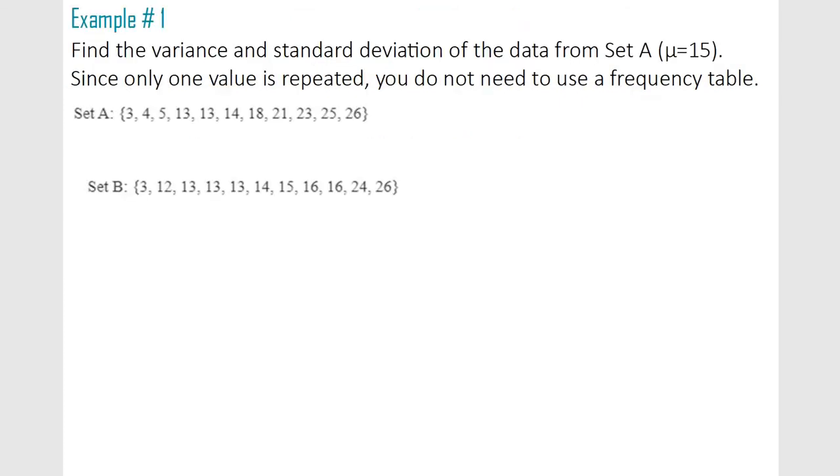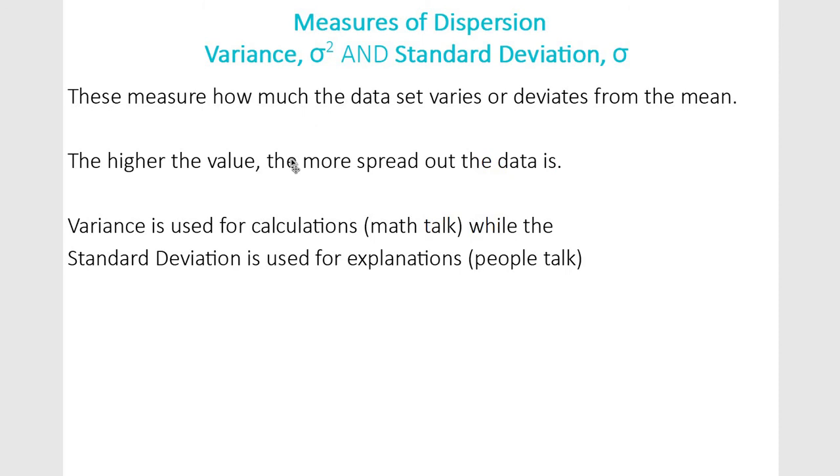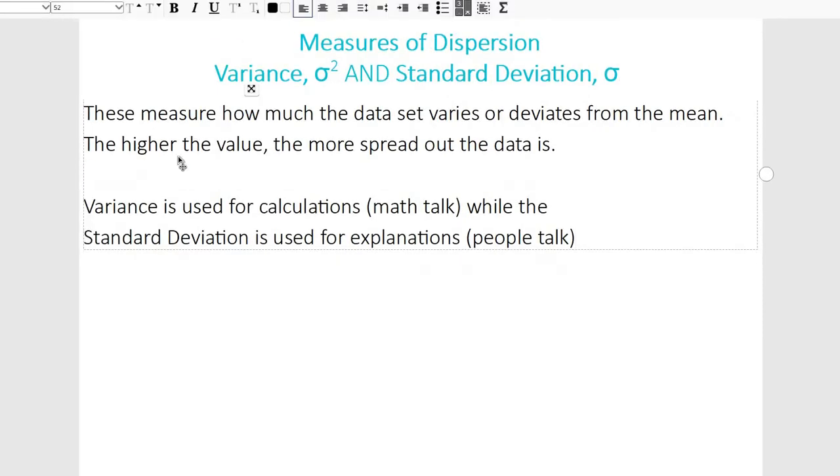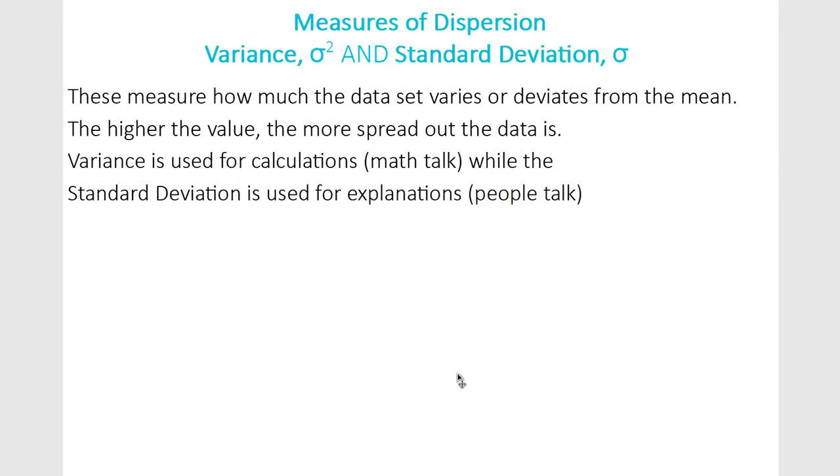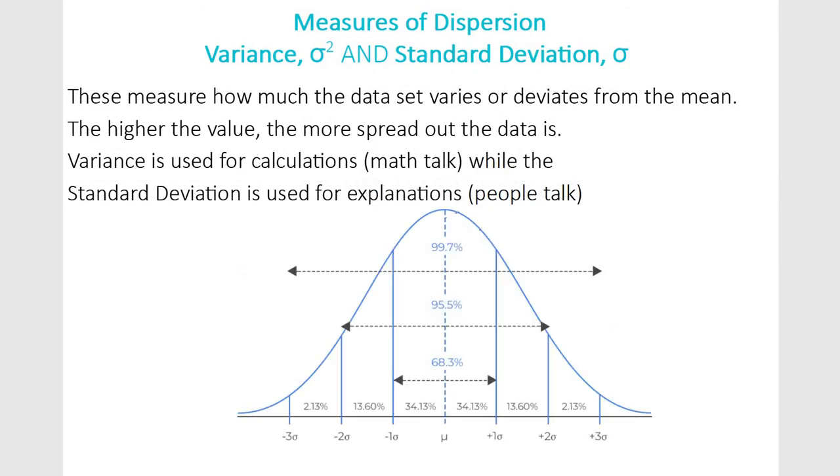But hold on. Before we get started, let me go back. Here, let me add this. Okay, here is your normal distribution. Think of it like this. Start down here.